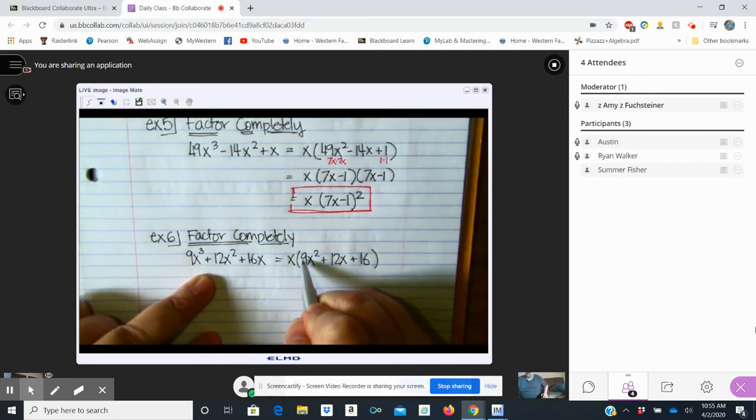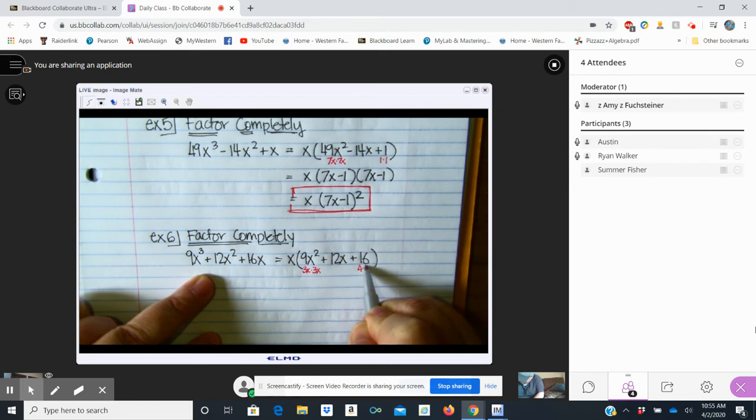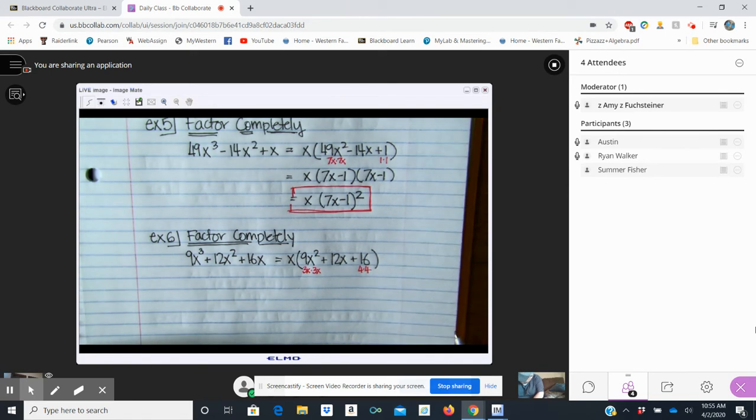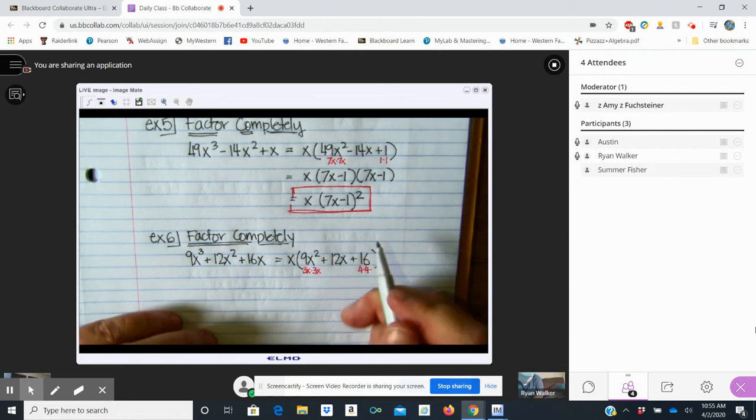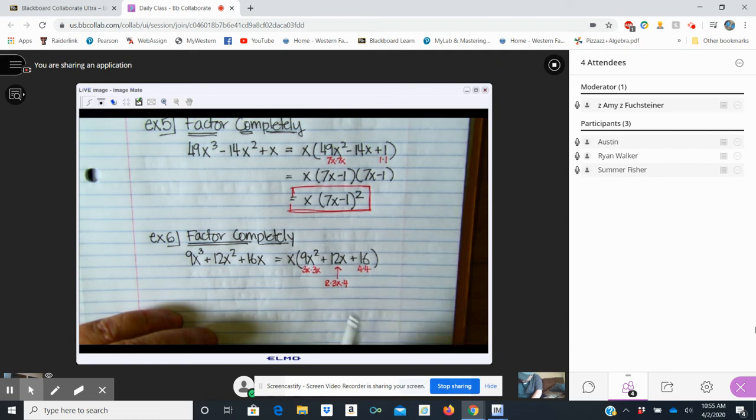Then I recognize this first term is 3x times 3x, and 16 is 4 times 4. Now this middle term should be 2 times 3x times 4, or 24x.